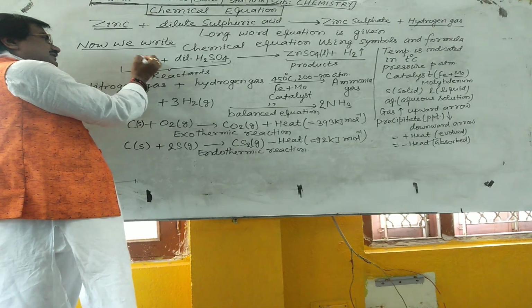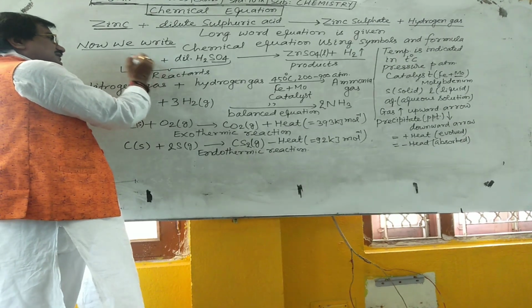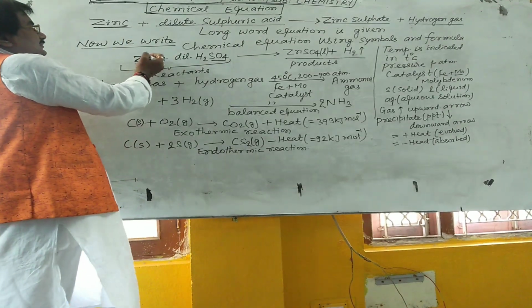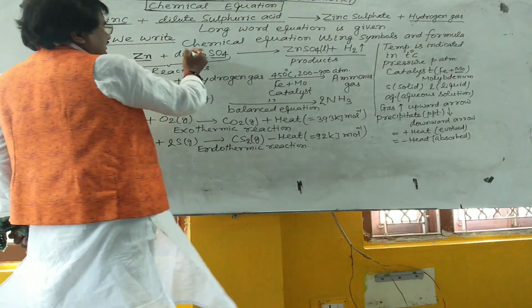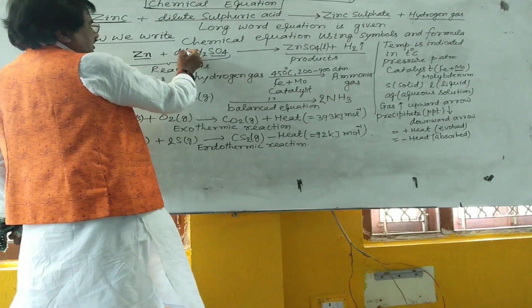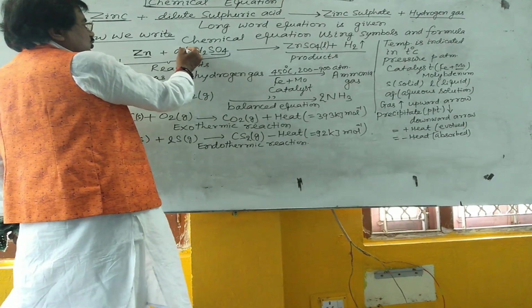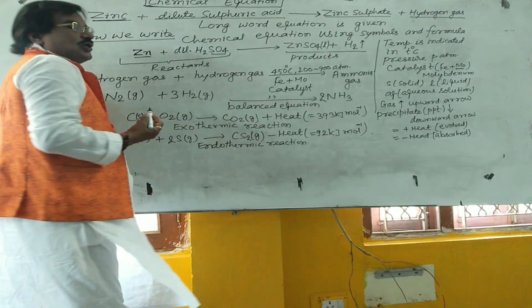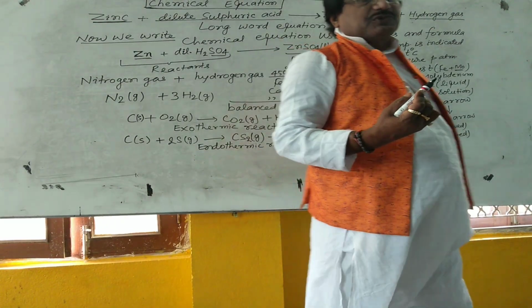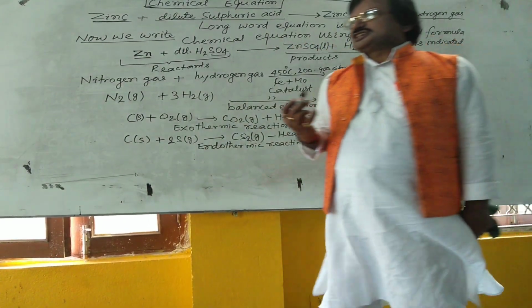Remember it. Zinc, Zn. Dilute is just written as dil. Dilute means mixed with water.